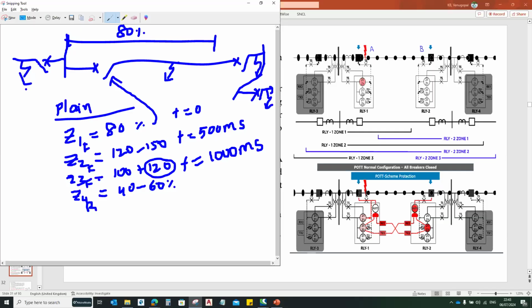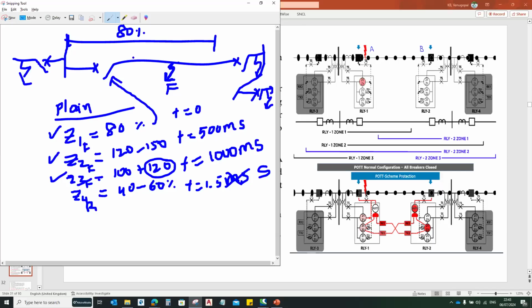That is my reverse looking zone. In that condition, this may operate after 1.5 seconds. As the fault is at F, which is within 80%, zone 1 will start and zone 2 will start, zone 3 also will start.